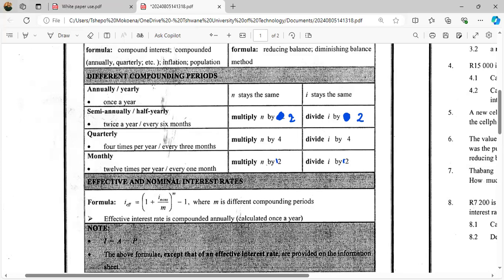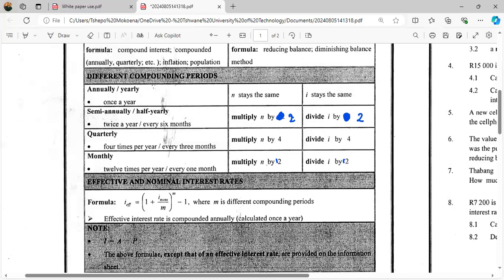But the nominal one is the one that is quoted by the bank. That is not what your money is actually getting. So the difference between the effective rate and the nominal rate is that the effective is the most effective one. That's why we say the effective rate is compounded annually and calculated once a year. You have to understand that we use the effective rate only on compounded annually.